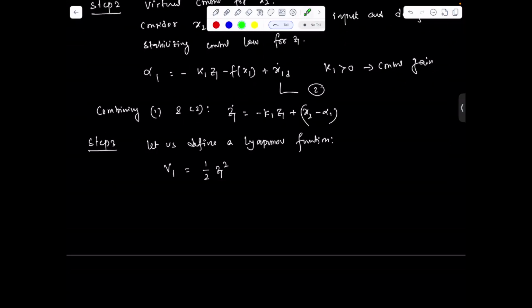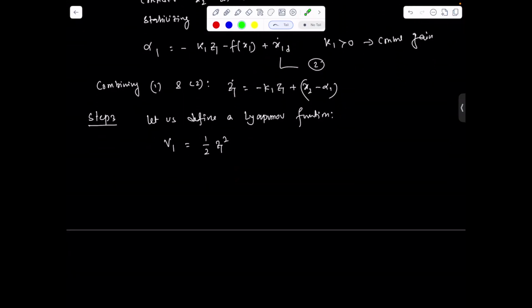So this is the dynamics equation we have, and for this we are choosing the Lyapunov function in this structure. Now from this, we can write V1 dot equal to G1 G1 dot. And in place of G1 dot, we can substitute this expression: minus K1 G1 plus X2 minus alpha 1.